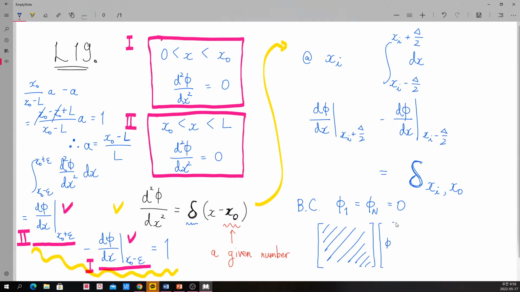Yes, this is the solution vector. And now we will have this form. Please have a look at it. So we will have 0 for the first node.